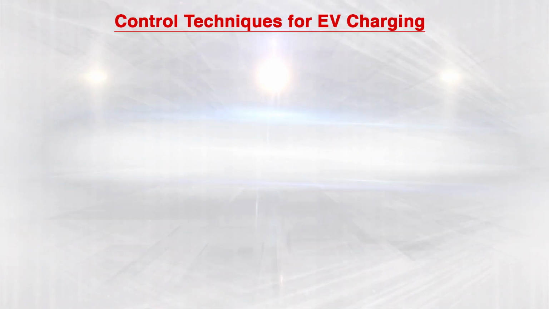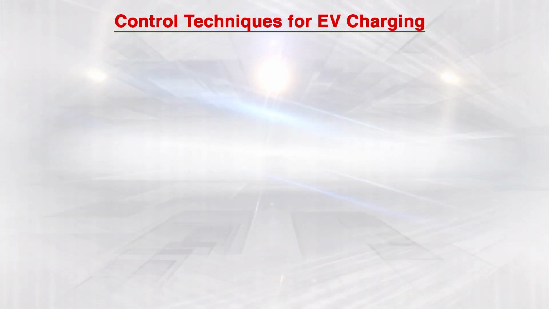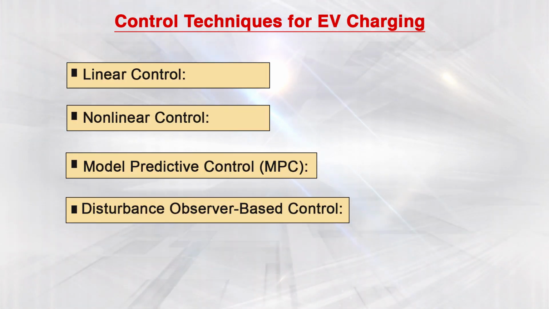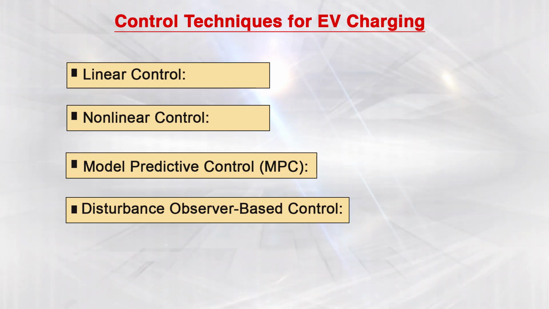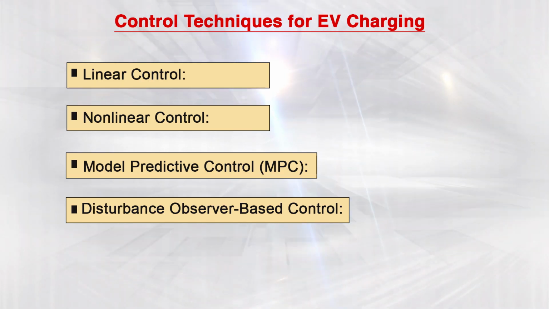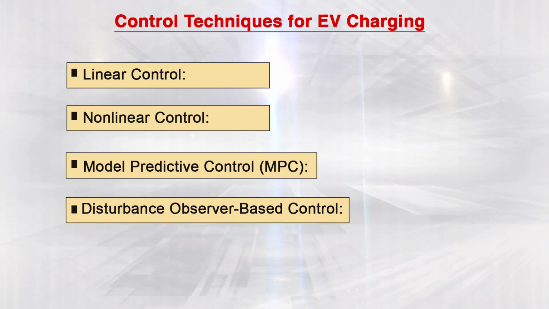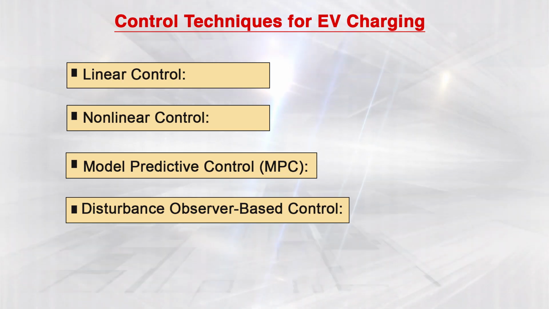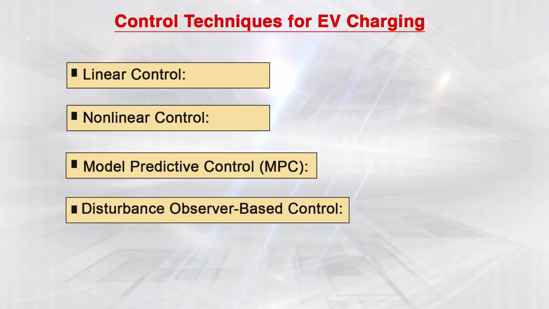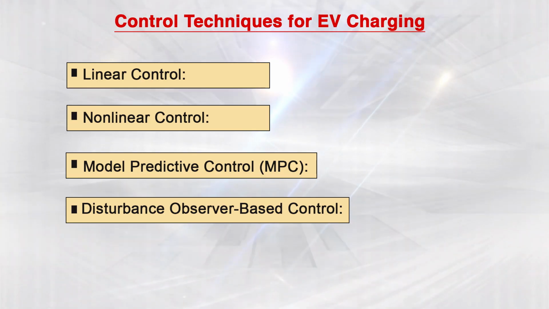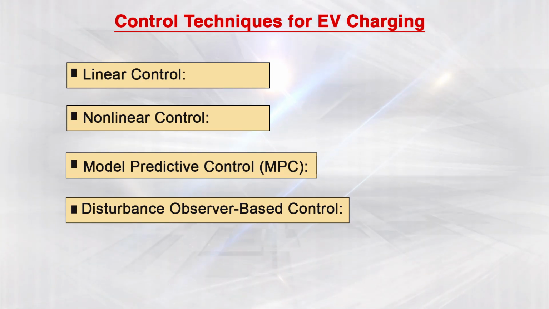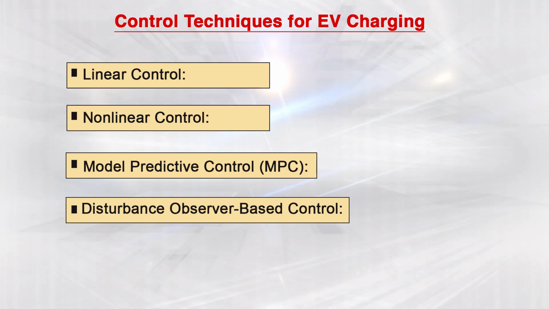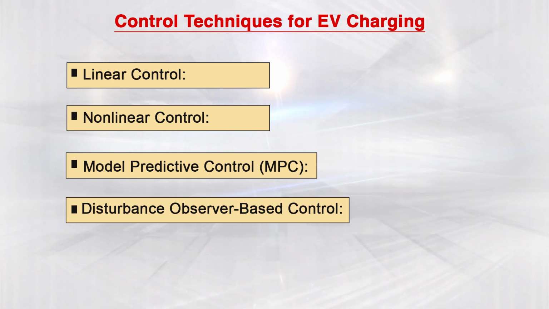Now, we have control techniques for EV charging. The control techniques here we have divided into 4 parts. First one is linear control. Simple PI control can be utilized for stable charging. People are also using nonlinear control to improve the dynamic response when the battery is switching from charging to discharging and discharging to charging mode, so nonlinear controls are utilized for fast response. These include sliding mode control for robustness when any disturbance is happening.